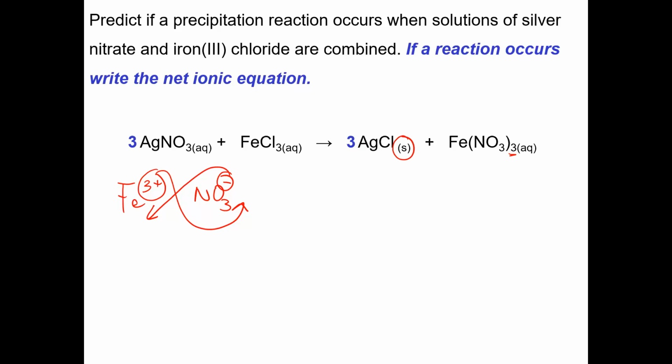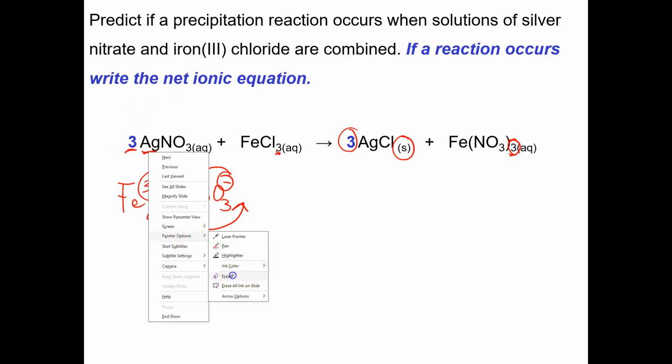So now we have to bring it into balance. I hope that what you see is that we're going to need 3 silver nitrates to give us the 3 nitrates, and we're going to need 3 silver chlorides because we need our chlorides and our silvers to also balance. Okay, so now we've got this equation.